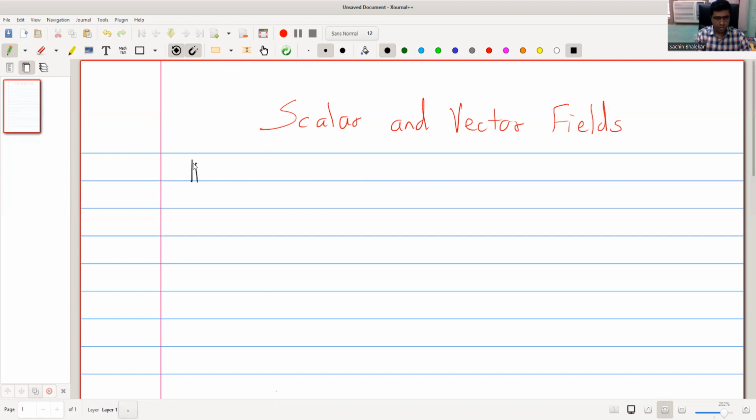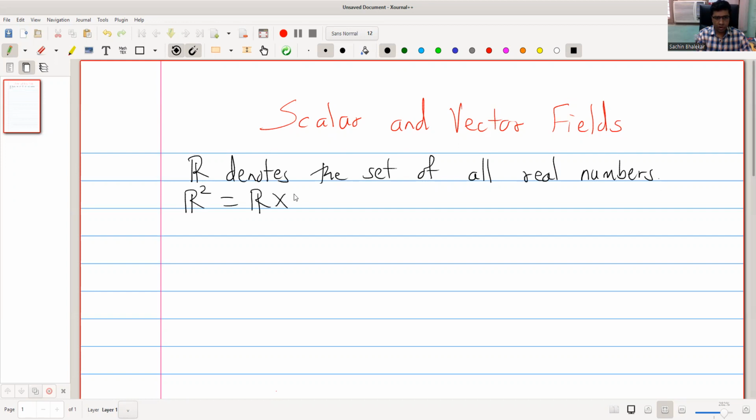So this R denotes the set of all real numbers. R2 is the cross product of R with itself.